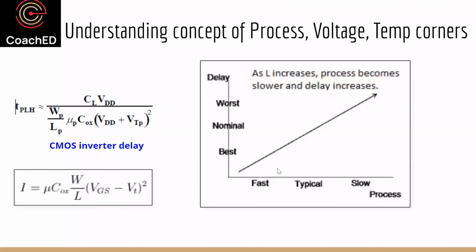Something like that. This is the concept of a process voltage corner. You may not need to run all simulations, but this is one very crude way of saying I need to run so many simulations. Usually the number of simulations is actually smaller because you need to look at the trend of the delays and whether you need to meet specs at all these process corners or not. As long as you know which are the worst PVT corners, and you decide that these are the worst, you could just run simulations on those.